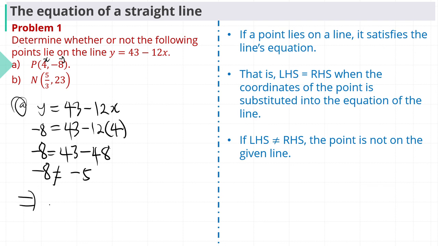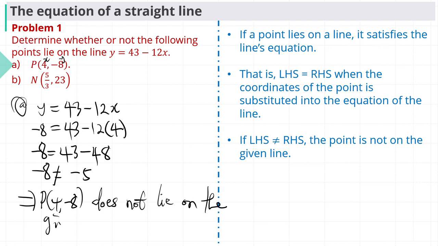So what it implies is that the point P (4, minus 8) does not lie on the given line. So this is for question A.